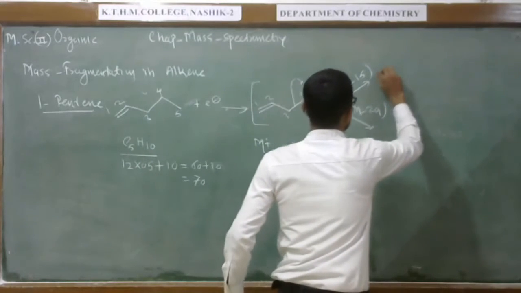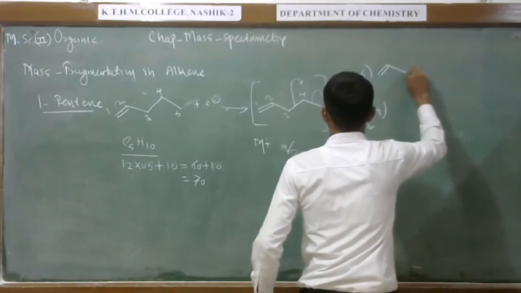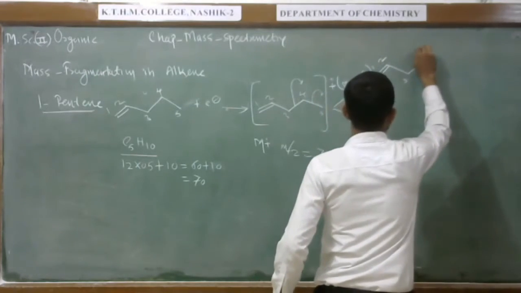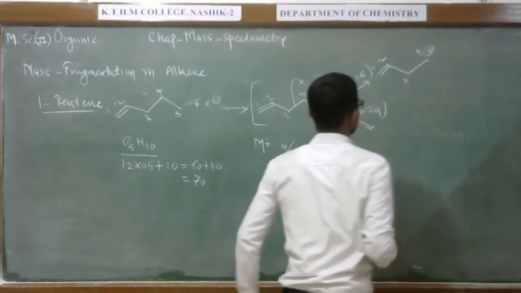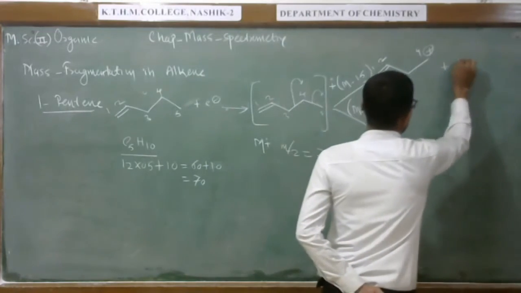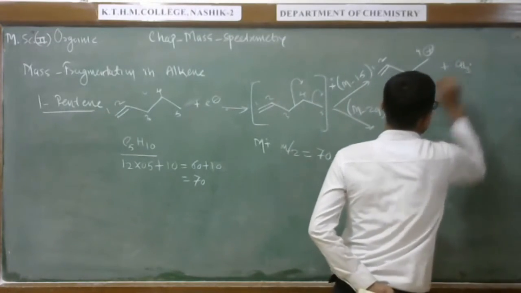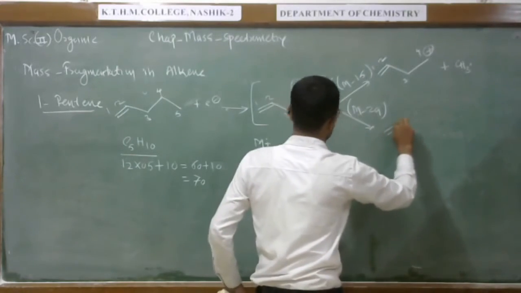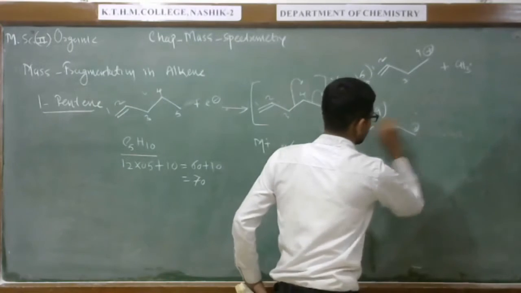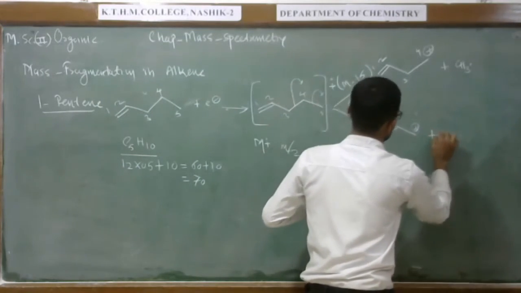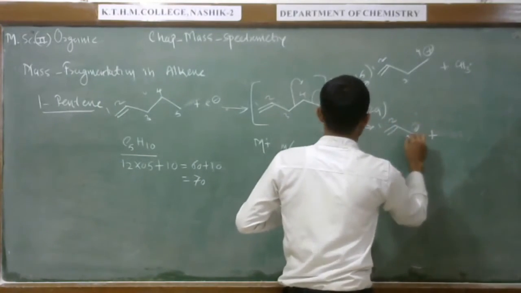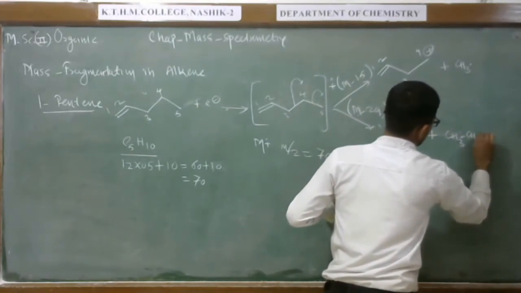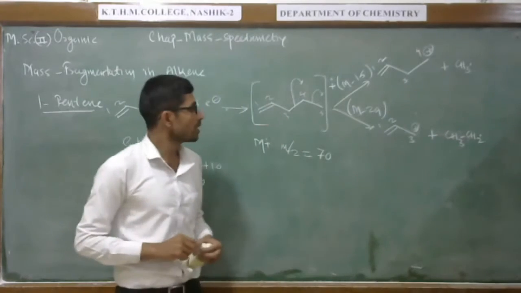So firstly, we get this peak with loss of methyl as a radical. Next is ethyl as a radical.